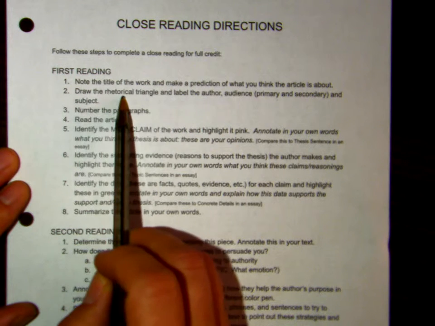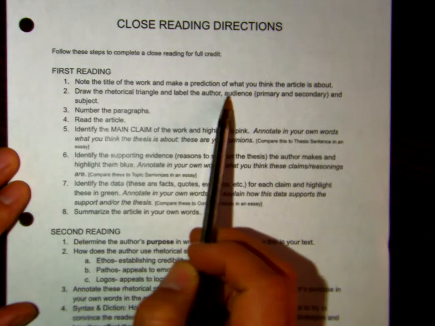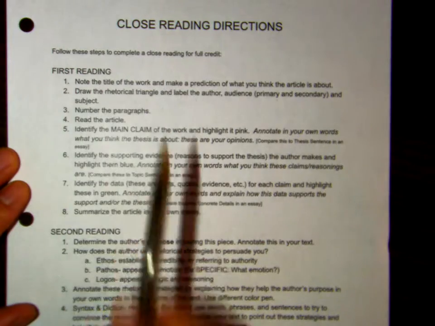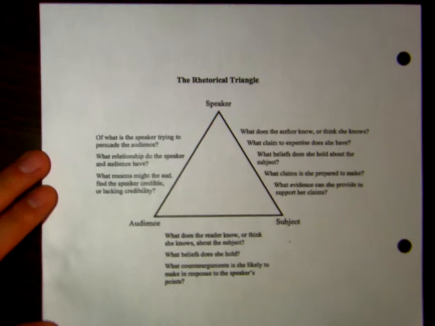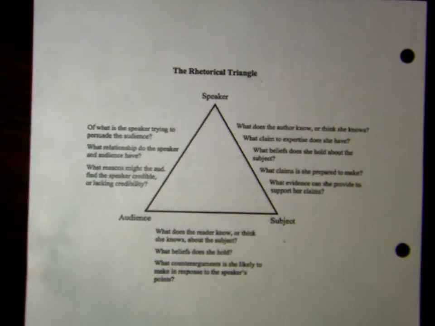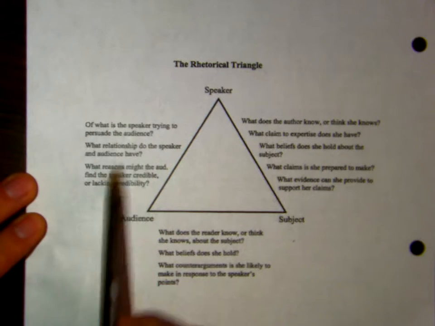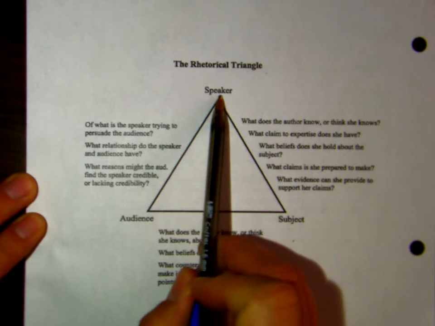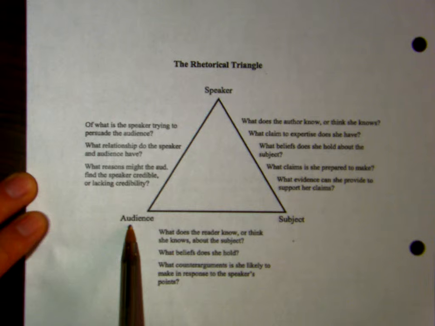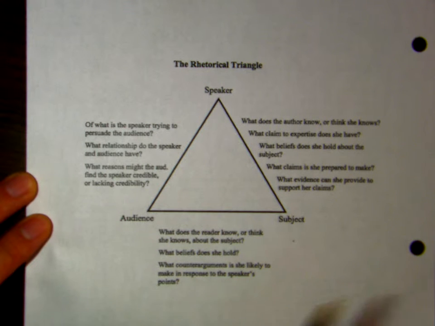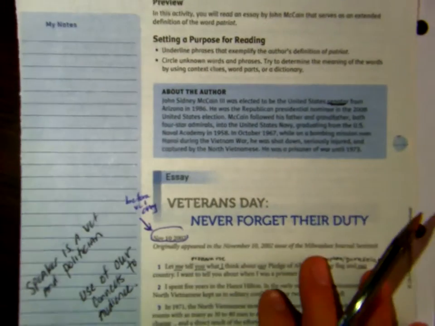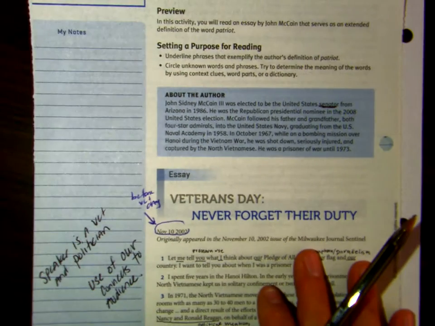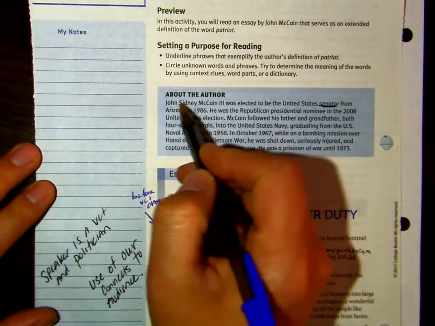side. And then next you want to draw the rhetorical triangle, label the author, audience, primary and secondary, and the subject. In case you need help with this, on the back side of your handout there should be a rhetorical triangle diagram with some helping questions, but basically you're looking for the speaker, the audience, primary and secondary, and the subject. In this case, our speaker, or the writer of this piece, is John McCain.